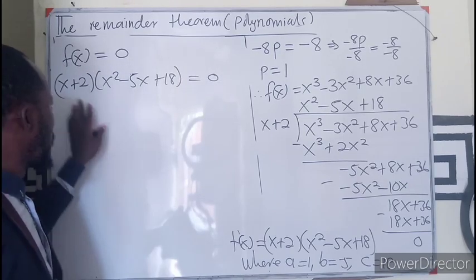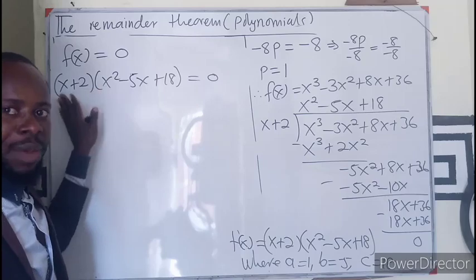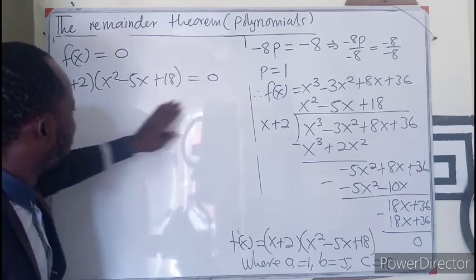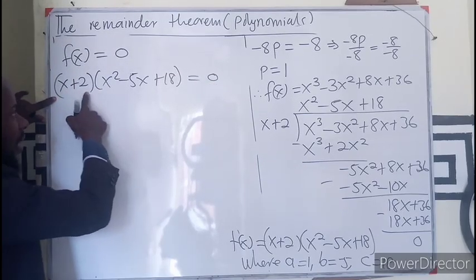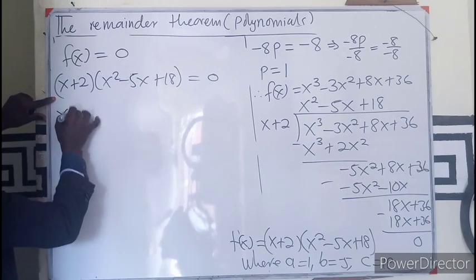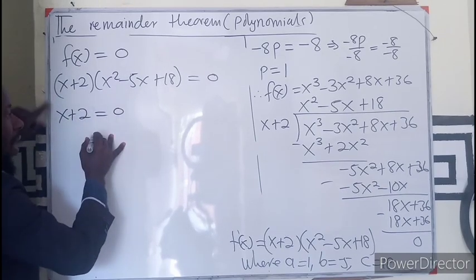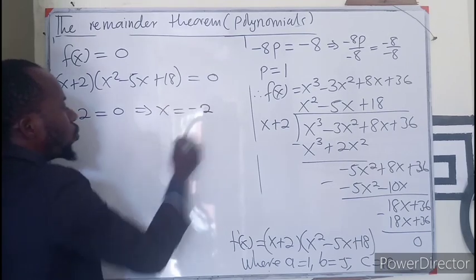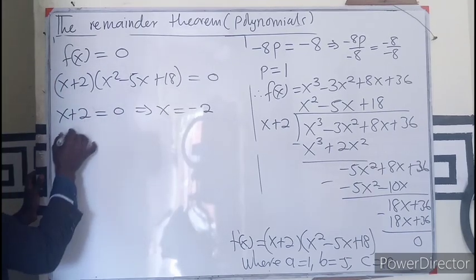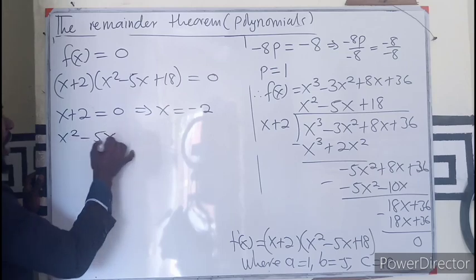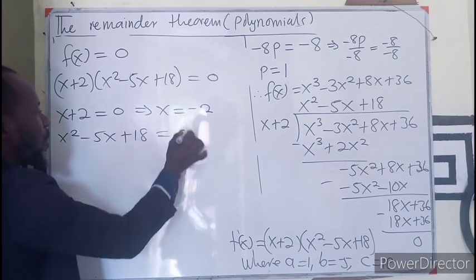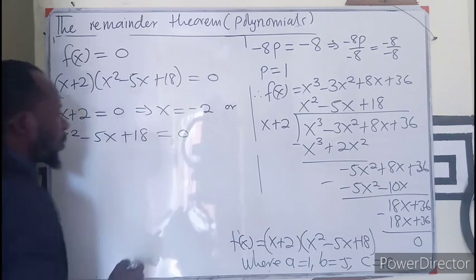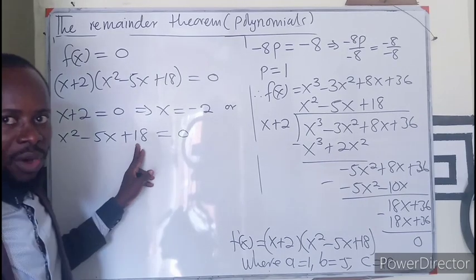We know when two brackets or two numbers are multiplying and equal 0, it means either the first equals 0 or the second. So x plus 2 is equal to 0, which implies that x equals minus 2. Or x squared minus 5x plus 18 equals what? 0.